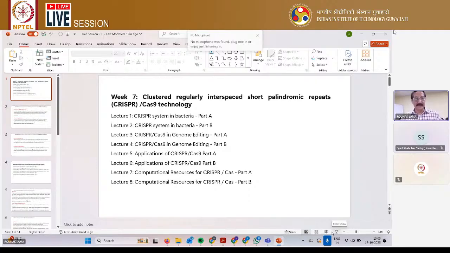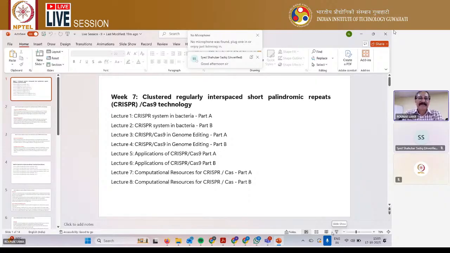The course Genome Editing and Engineering. So here I will be trying to address some of the concerns of the participants, if any. Let me start with the module that was discussed during week 7.